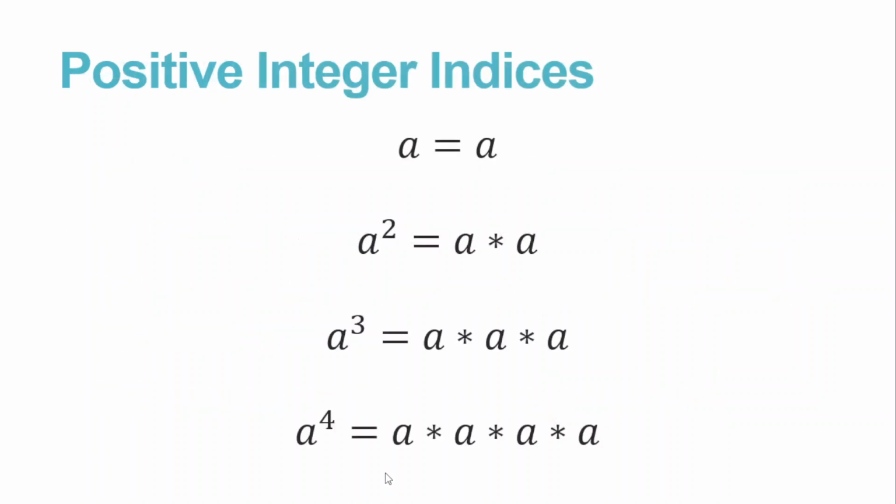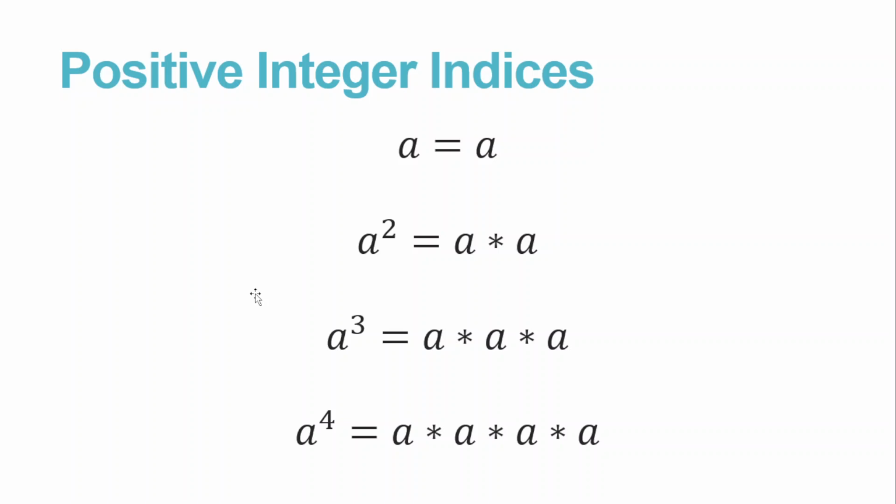So in the earlier videos, we've seen that for any number a, a is equal to a, a squared is equal to a times a, a cubed is equal to a times a times a, and a raised to the fourth is equal to a times a times a times a.